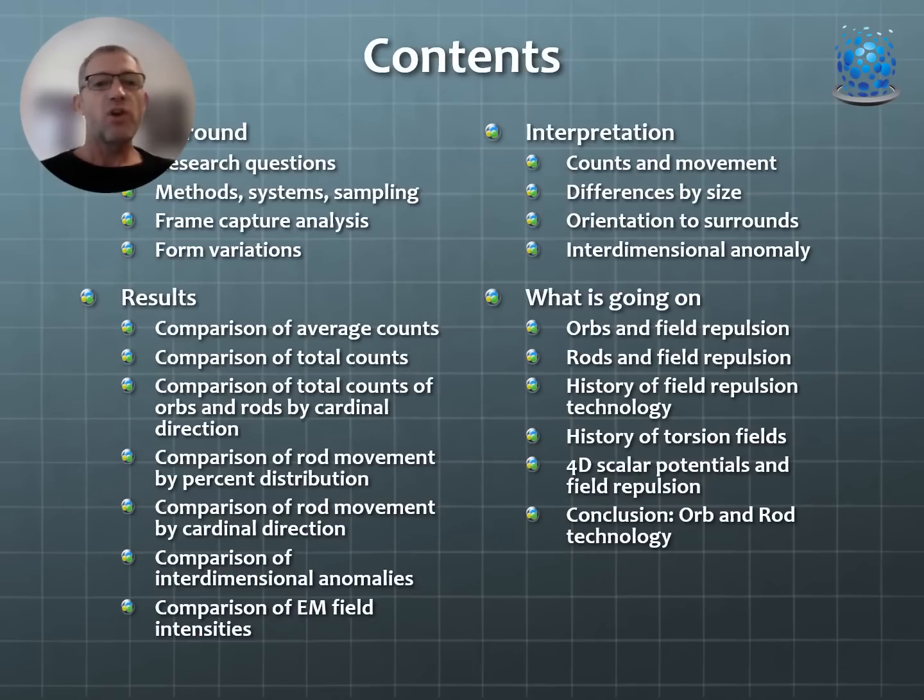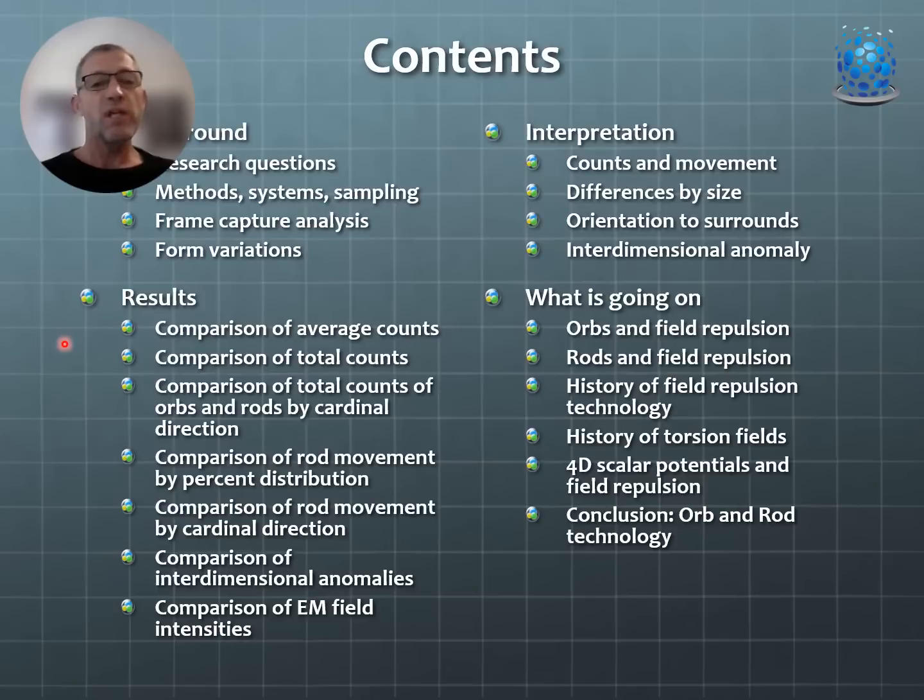In terms of contents, so we have research questions, methods, systems, and sampling. We have frame capture analysis and form variations to talk about in terms of background and methodology. The presentation then takes you through key results.